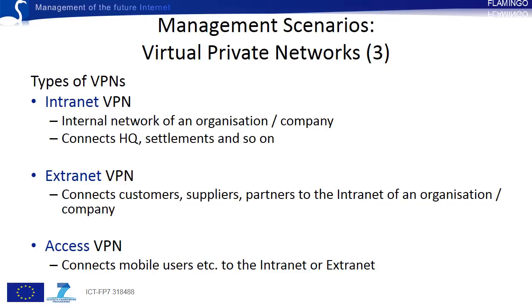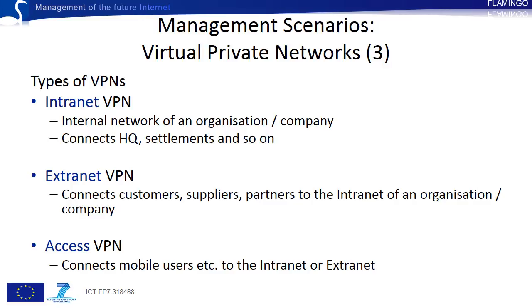It is used to connect the customers, suppliers and partners to the intranet of an organization. This VPN is mostly used for support and connection issues by contractual partners. The last type is the access VPN, which allows mobile users the connection to the intranet or extranet of a company. This functionality can be used by home office users or fieldwork users.